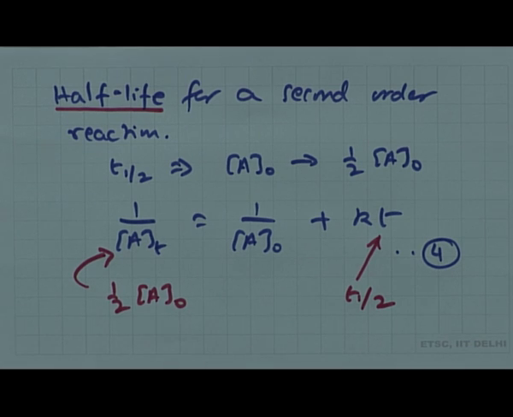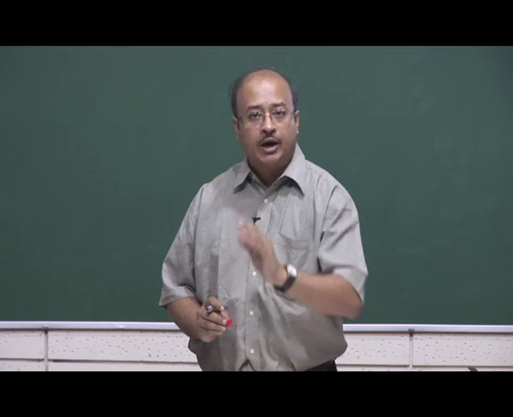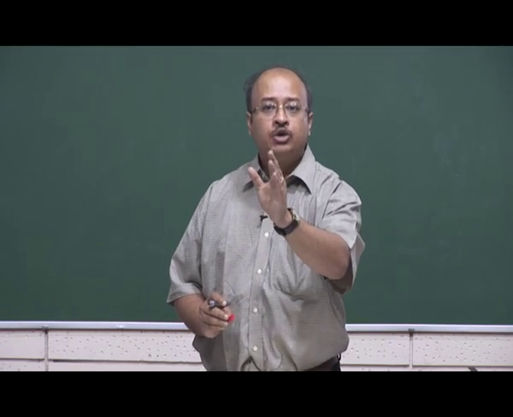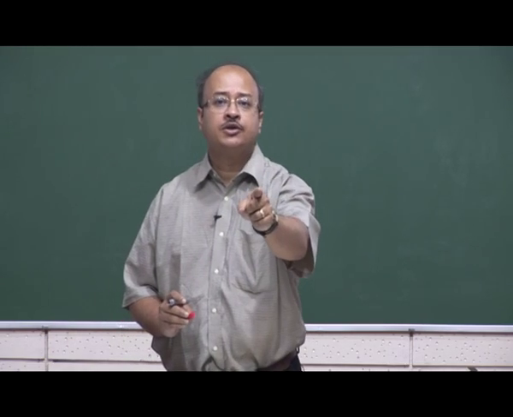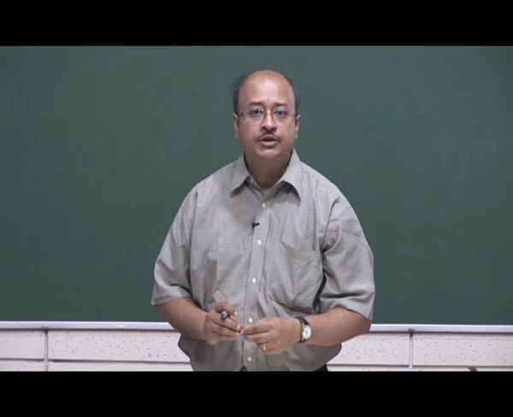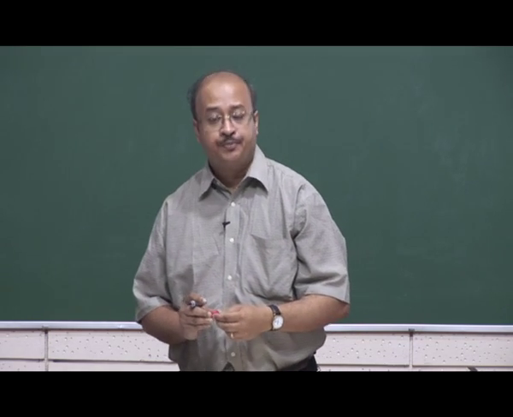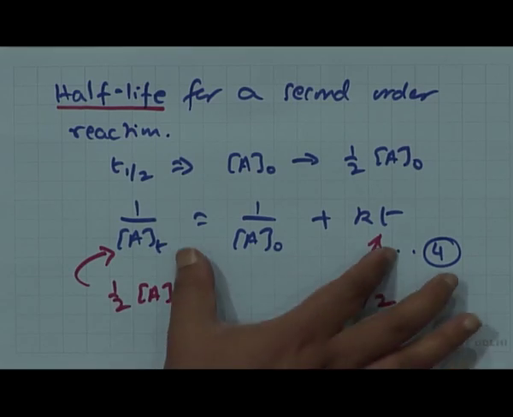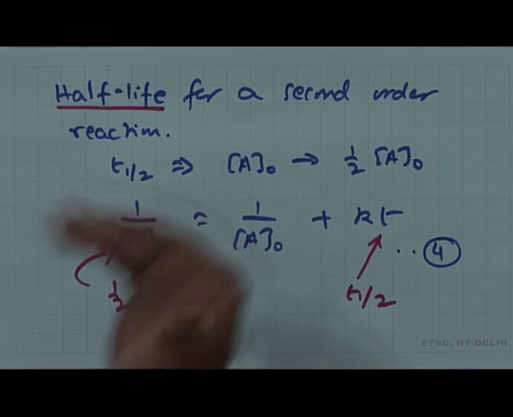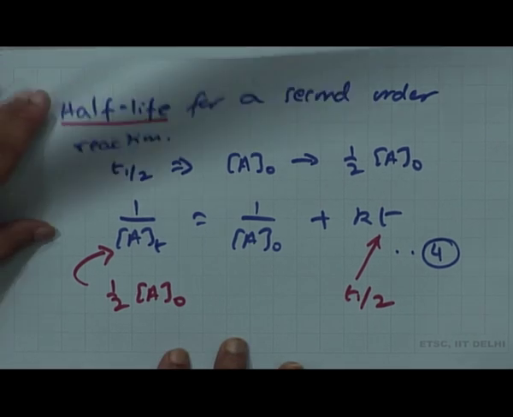So these are the only two changes we make in the equation, everything else remains the same. This is the utility of a rate equation, that you want something you get it from the rate equation, because you have an equation which reflects the dependence of the variation of the concentration on time, right. Okay. So, we will insert these things in equation number 4 to get the expression for T half, right.